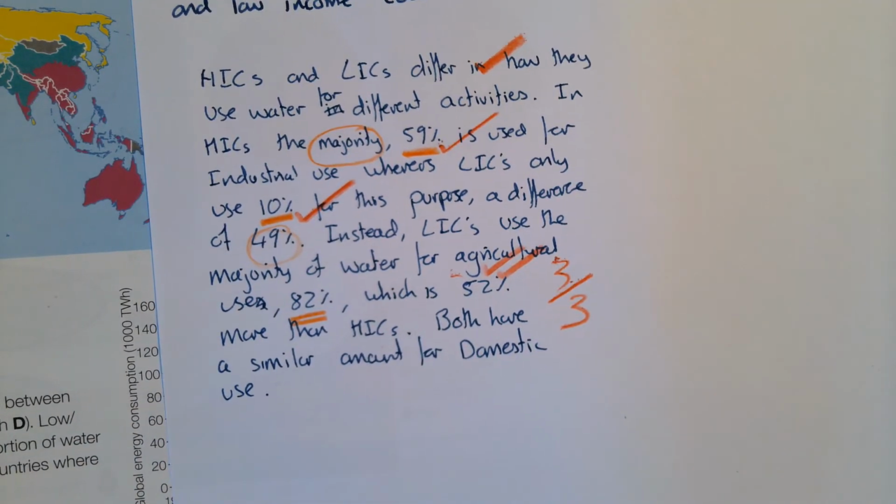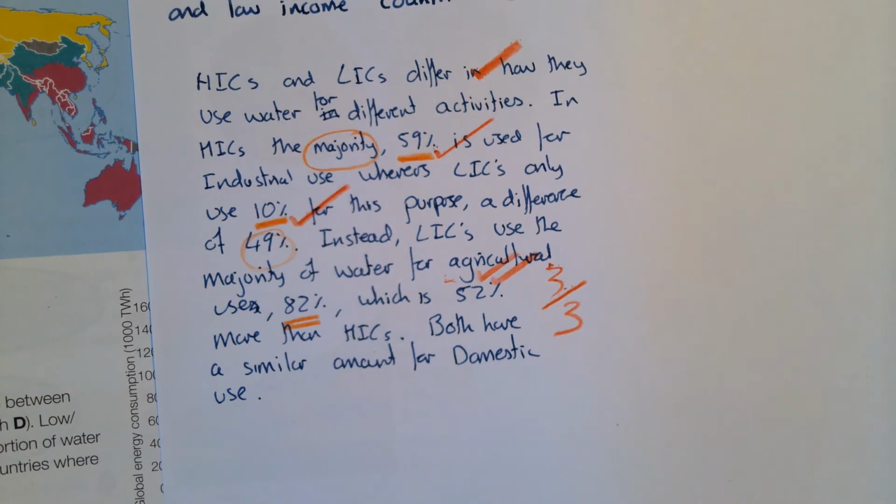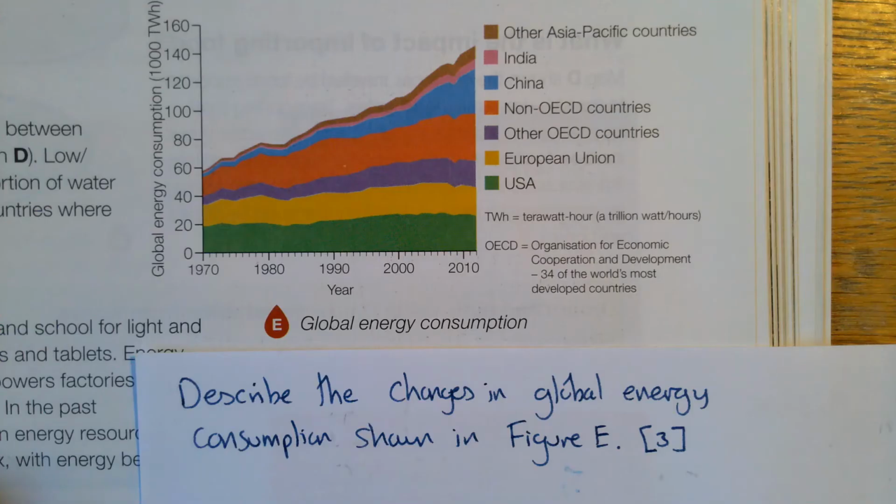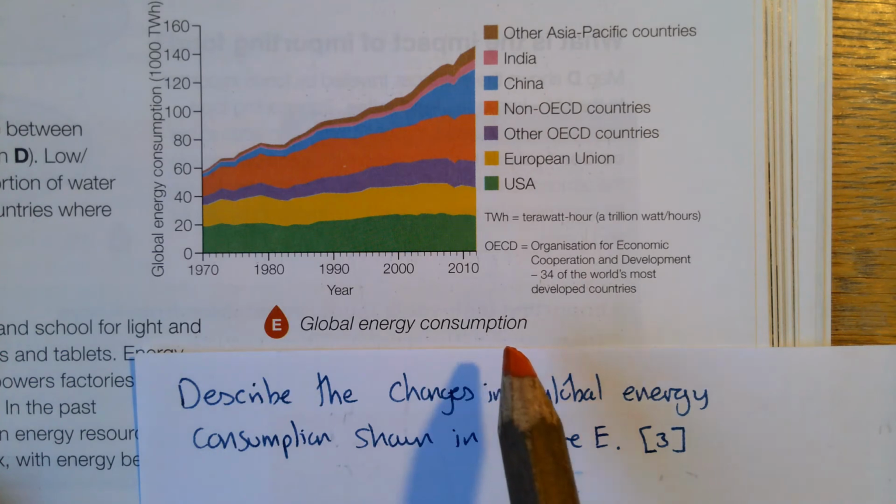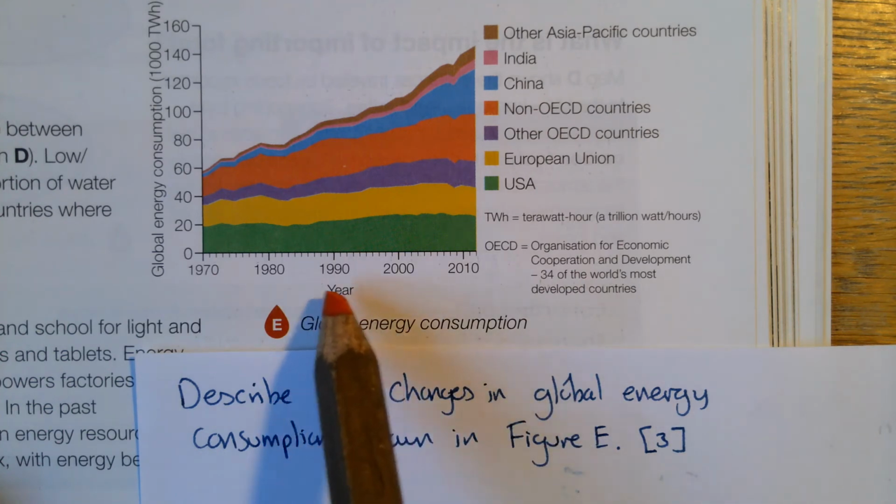Right, let's have a go at another question. So here we have another graph, and this one is a graph showing global energy consumption. As always, when tackling a graph, first of all you read the title, then you have a look at the axes just to see what we're showing.